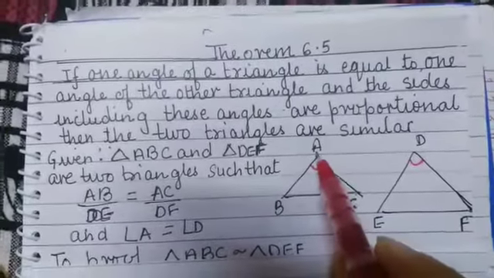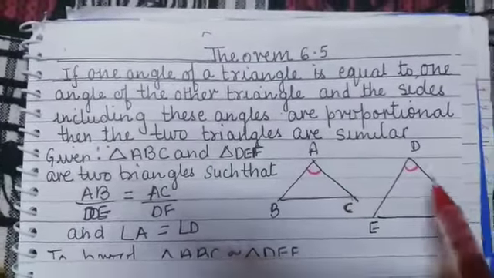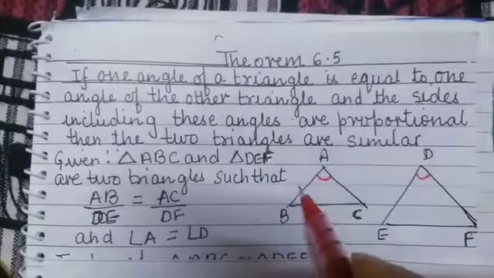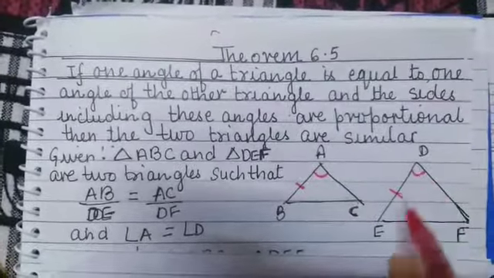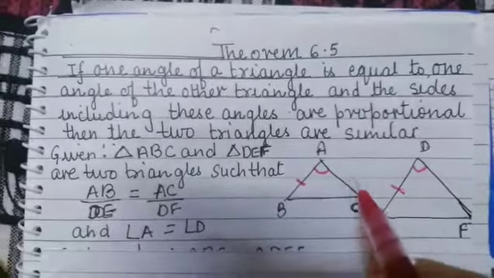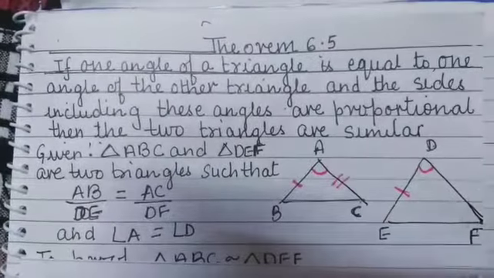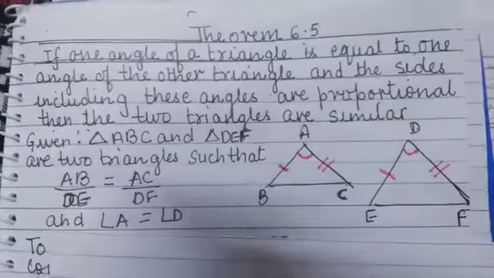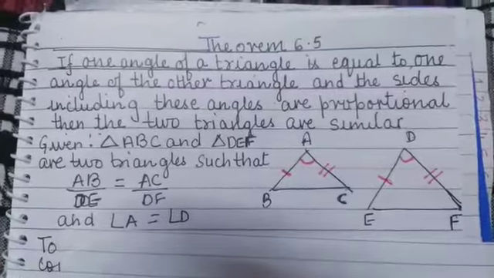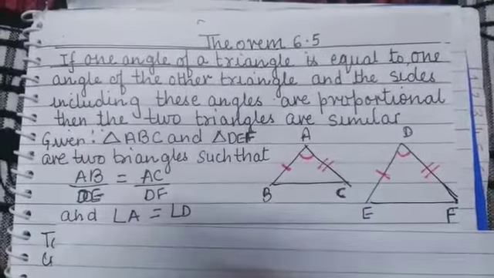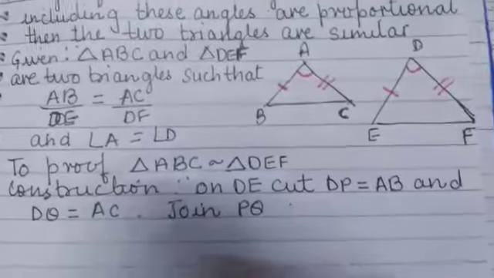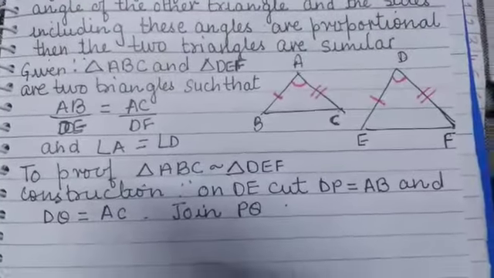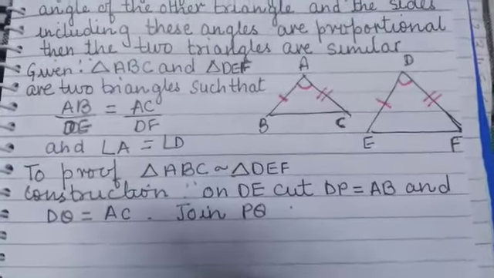What are the sides including them? AB, AC and DE, DF. So they are proportional. It means AB upon DE is equal to AC upon DF. Right? This has been given to us. And what do we have to prove in this question? We have to prove that triangle ABC is similar to triangle DEF.